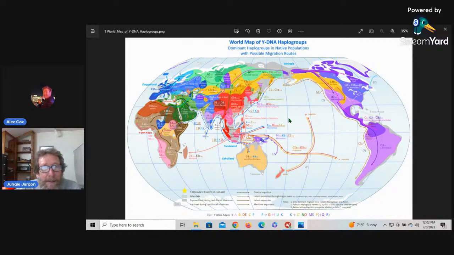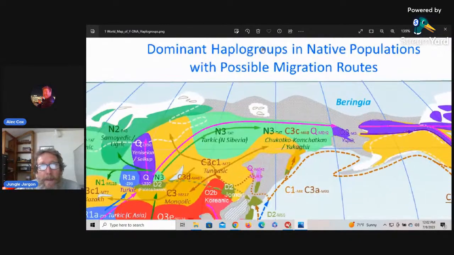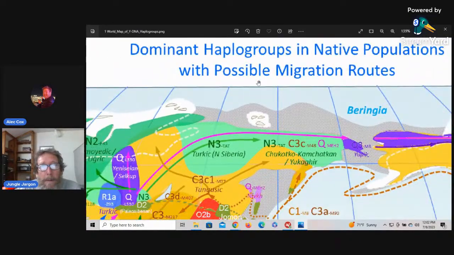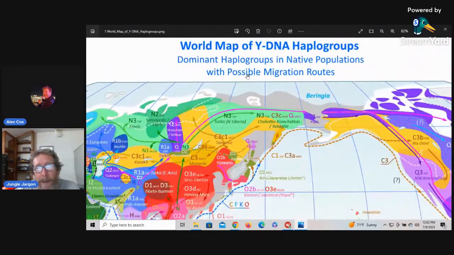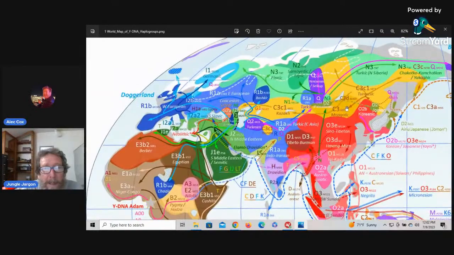All right, here's the world map of DNA haplogroups. Now, this is the general areas of all the paternal haplogroups, which are from the Y chromosome, non-recombinant DNA, and you've got all the different haplogroups here.